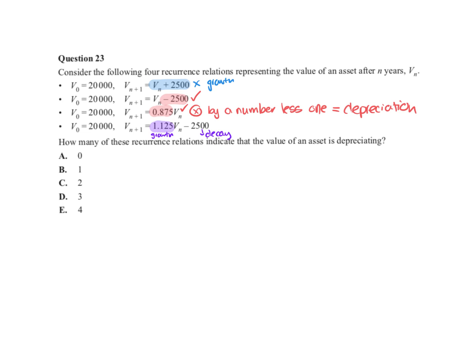So you could just do it recursively in your calculator. You know how when we press 20,000 and press enter, and then you times it by 1.125 and minus 2,500, you'll see it stays the same. So is this one decaying? No. That's all you're getting asked. So we're going to say no, this one is not decaying. How many of these were depreciating? 2. So there's our answer.